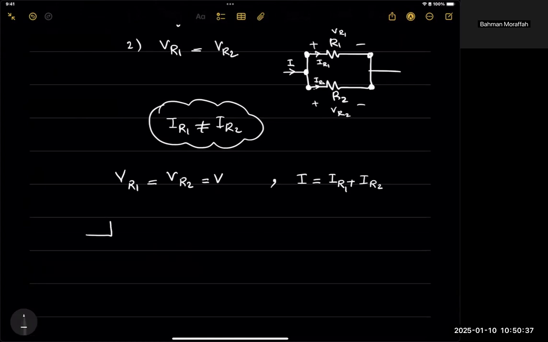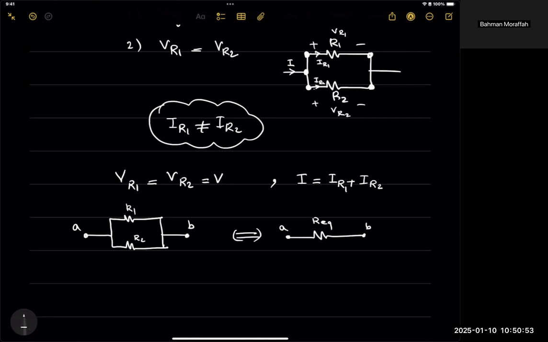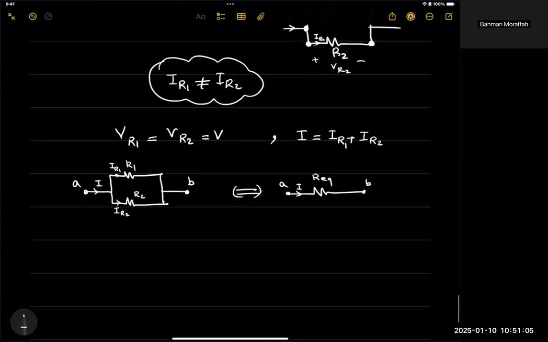Let's say I have these two resistors, with this point A and this point B, and I want to replace them by an equivalent resistance between A and B. This is I, then this is going to be I. Let's call this I of R1 and this I of R2. So if I have the equivalent resistance, this I over here should be I of R1 plus I of R2.